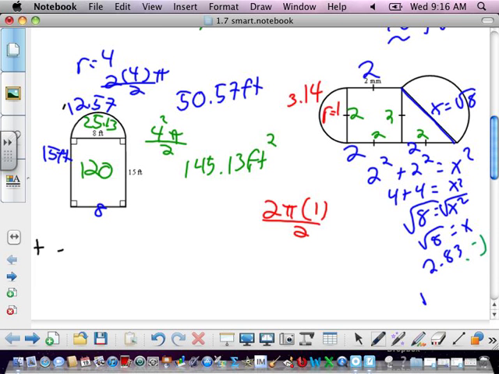So my radius equals 1.41. I'm going to do the same thing: 2 times pi times 1.41, and I'm going to divide the whole thing by 2. And I'm going to get 4.43.